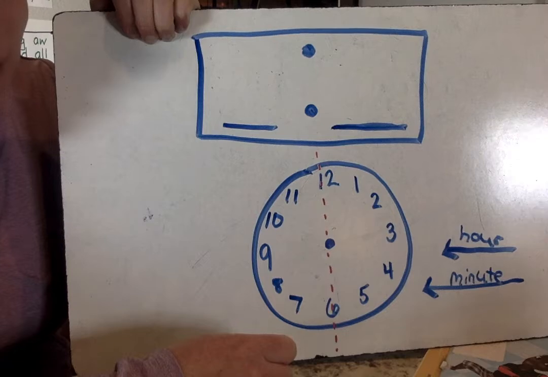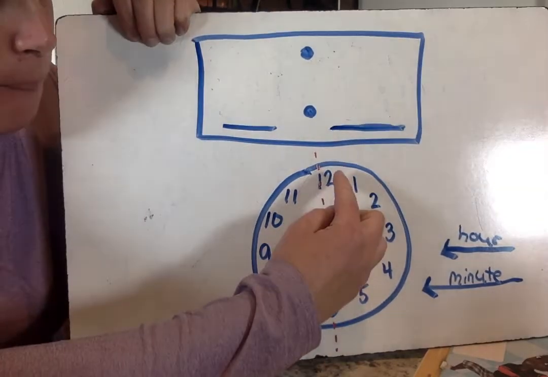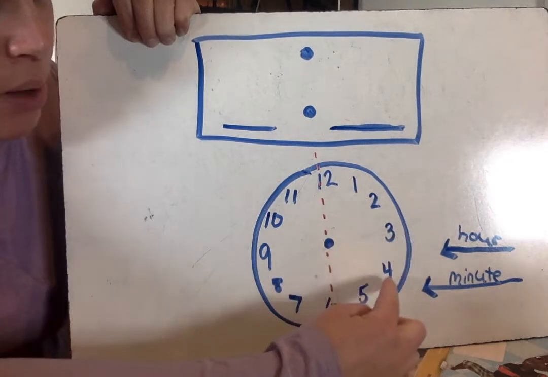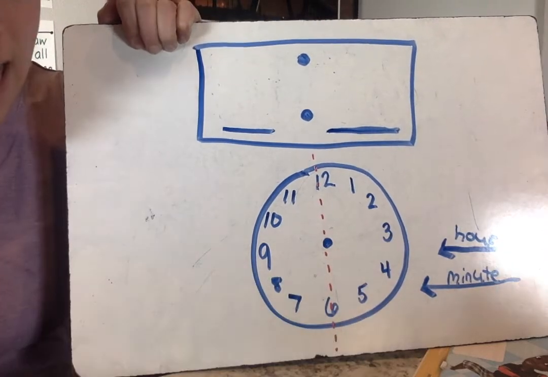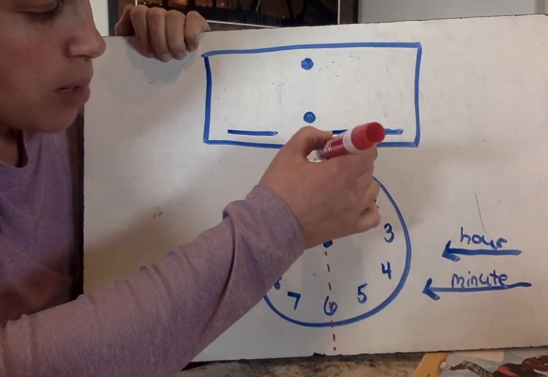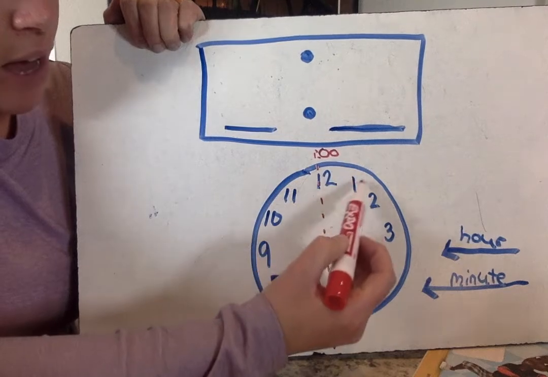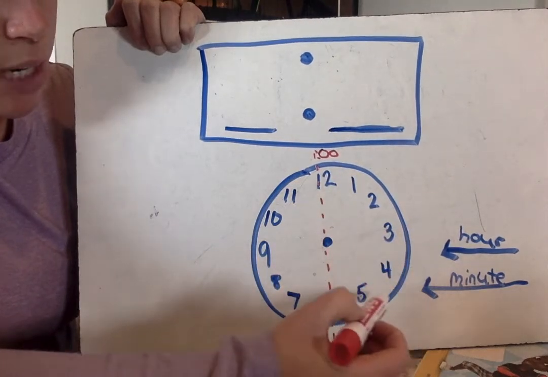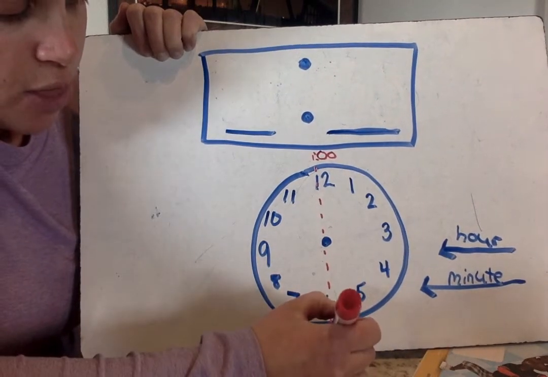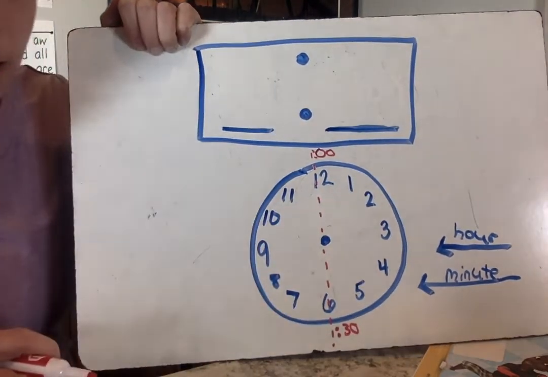Like the video said, it's 60 minutes in an hour. Halfway around the clock is 6. And if this is 0, 0, I'm going to put that up here. If we count by 5s, 5, 10, 15, 20, 25, 30, because each number stands for an increment of 5 minutes.